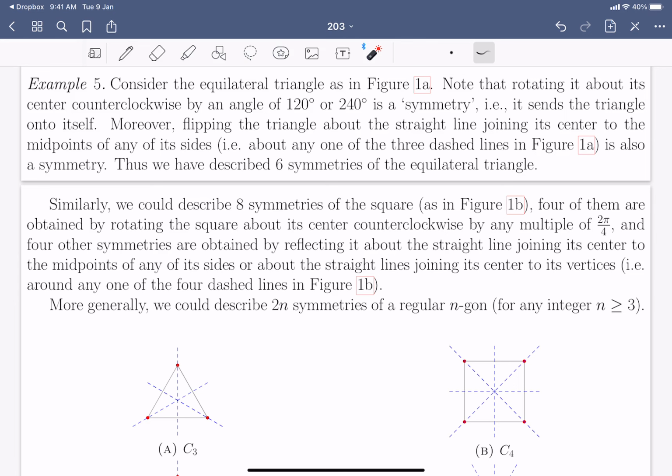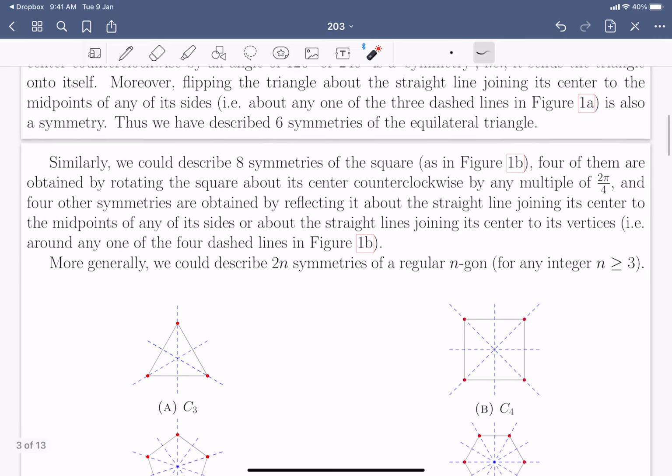So these are also symmetries. So altogether we have found the rotations: you rotate by 120 degrees or 240 degrees, or you rotate by 0 degrees, that is you do not do anything, so that sends the triangle onto itself. In that way we have found three symmetries, and another three symmetries that you have also found are the reflections around these axes. Okay, so you have found six symmetries of this equilateral triangle, right?